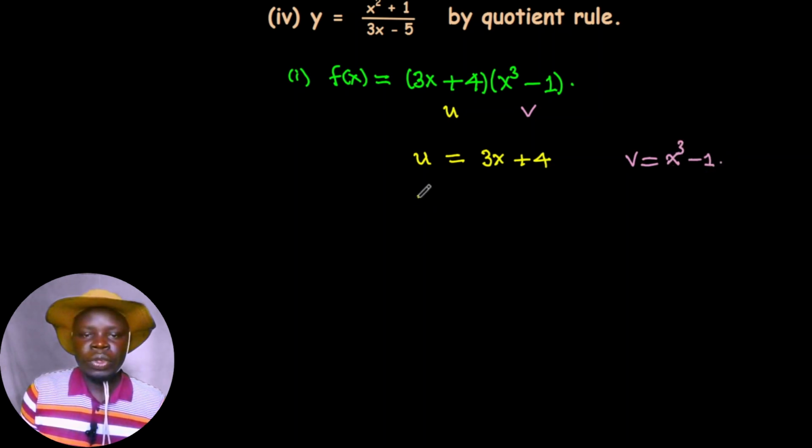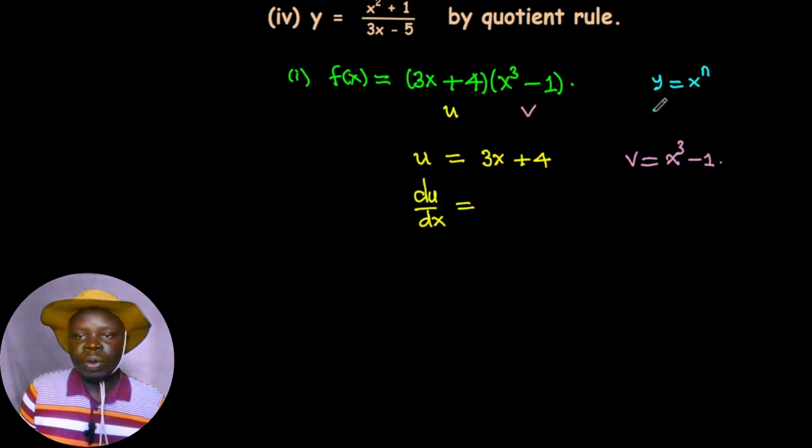We start with u, so we are differentiating u with respect to x. Therefore, du by dx will be given by, remember, when you are given any function y is equals to x to any power n using power rule, our derivative y prime, or we can write in this form, is given by, we multiply this function by n and we reduce that power by 1.